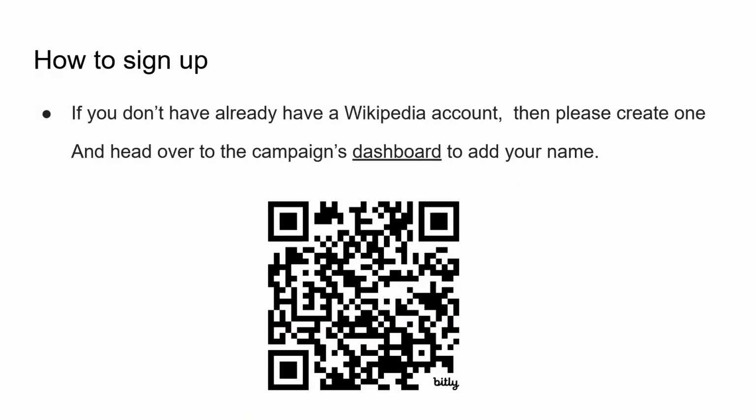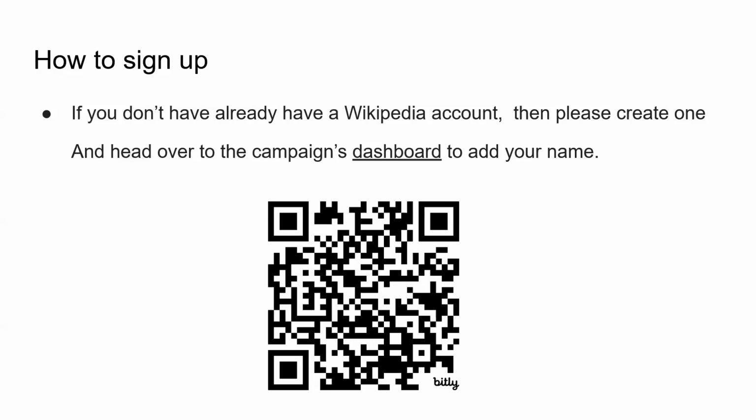So how to sign up? If you don't already have a Wikipedia account, please create one. And then there is a dashboard where you can add your name. Because, like everything else, we are trying to tell how successful the campaign is, and keep statistics.